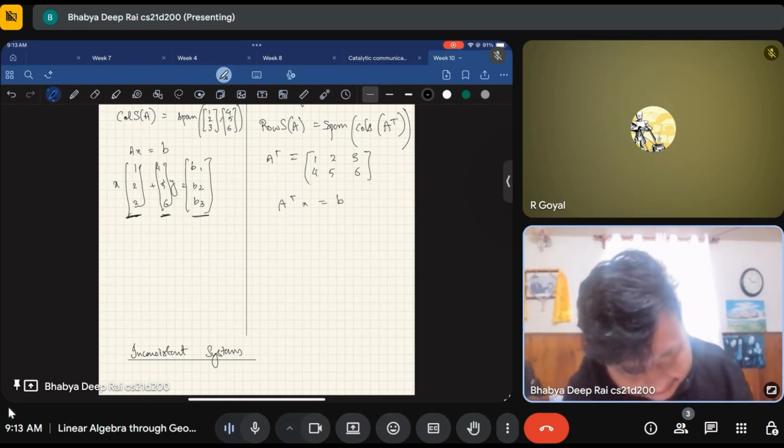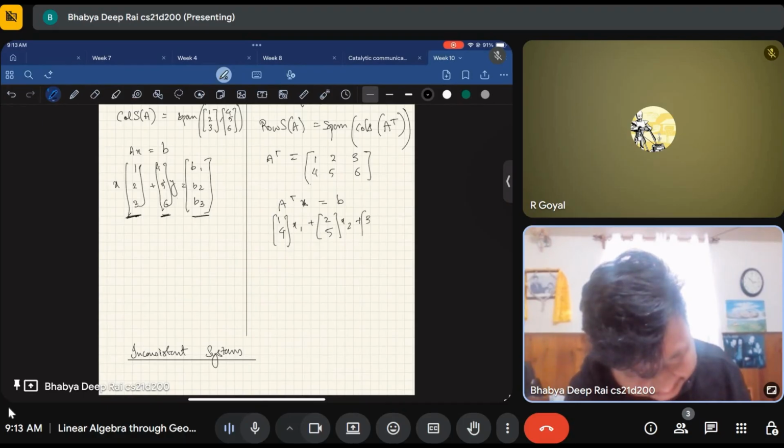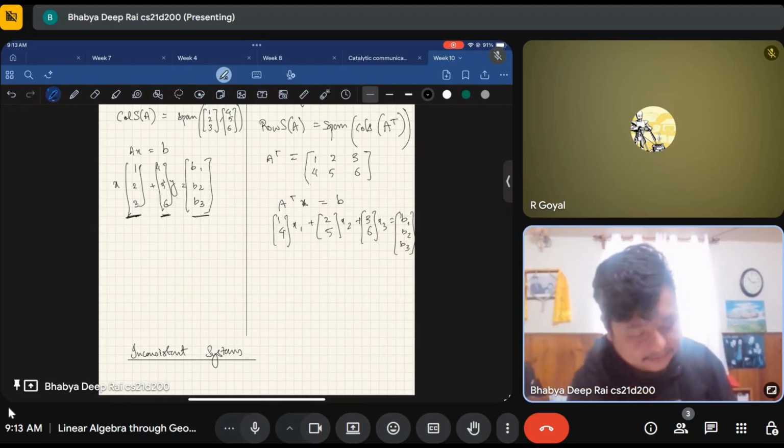You are asking what combination of the columns (1, 4) x1 plus (2, 5) x2 plus (3, 6) x3 equals (b1, b2, b3).